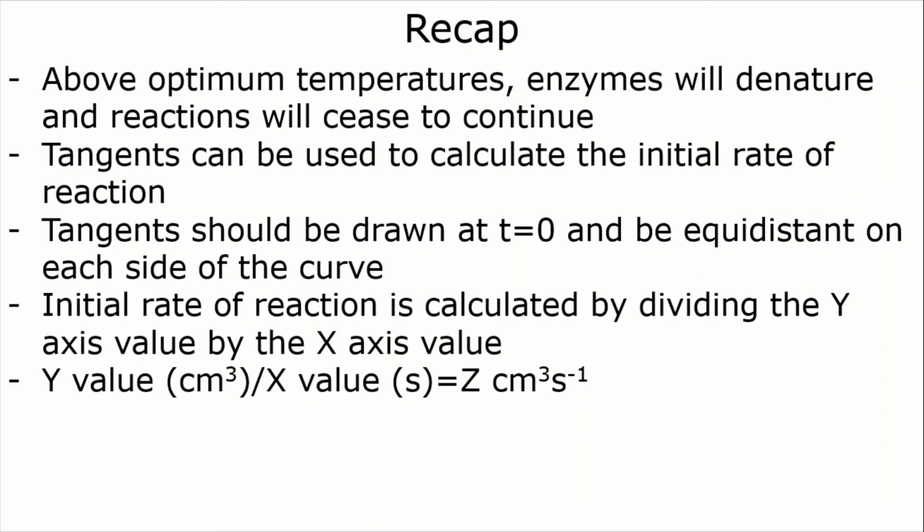We've learnt that the initial rate of reaction is calculated by dividing the y-axis value by the x-axis value, and the example I've given is y value in centimeters cubed divided by x value in seconds will give z, so that's our result, z centimeters cubed per second.